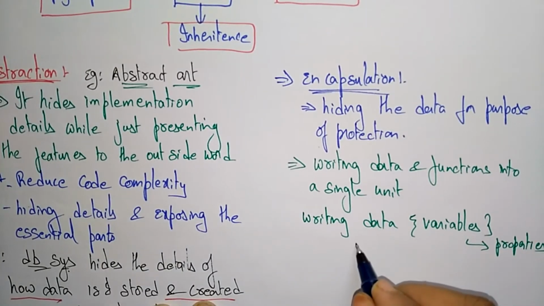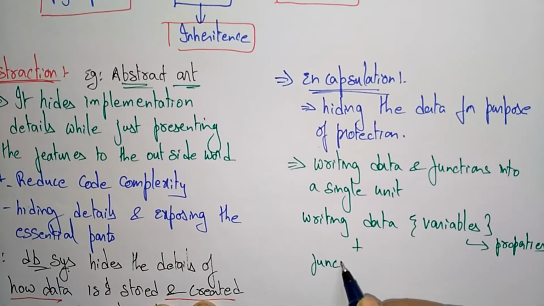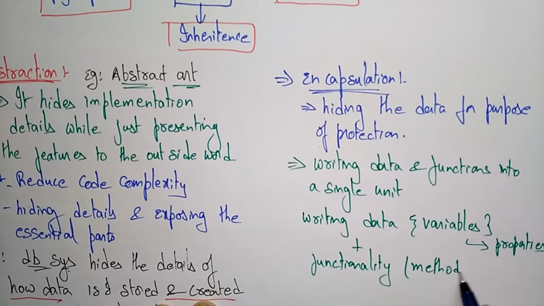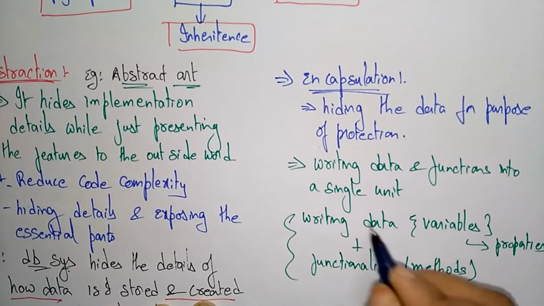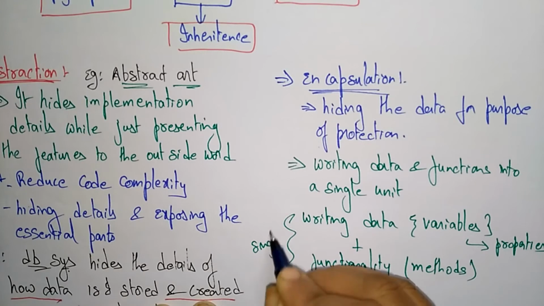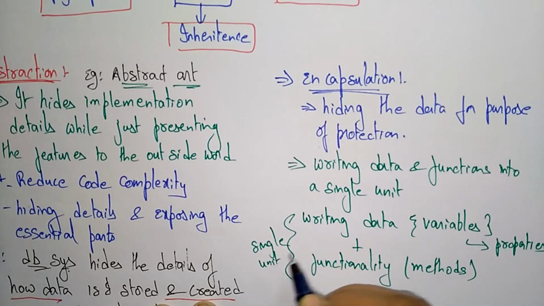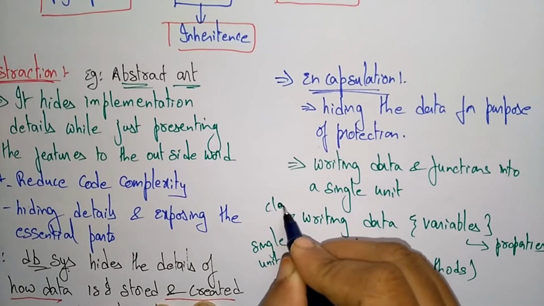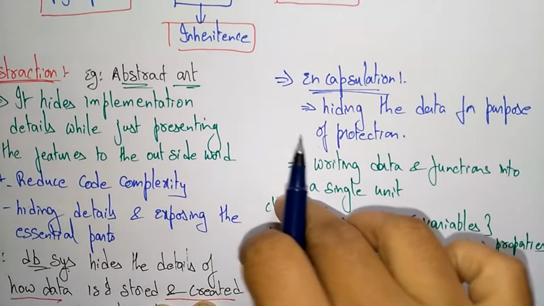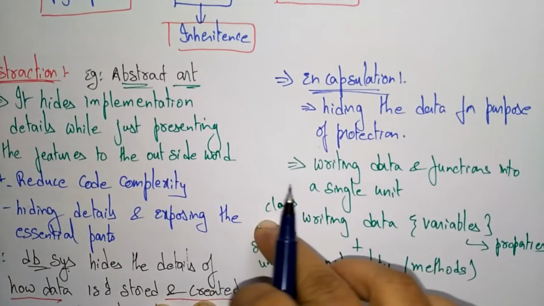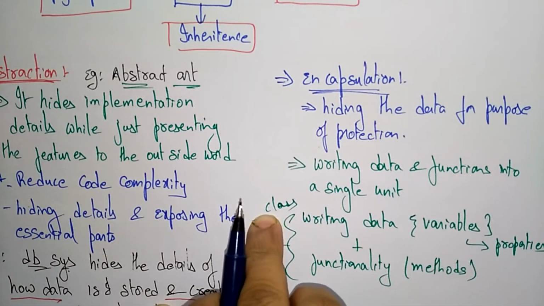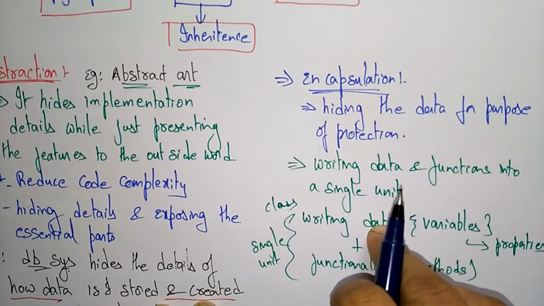So writing data plus functionality. Functionality means what you call methods. These are all bound in a single unit, called a class, represented as a class. This you call encapsulation.